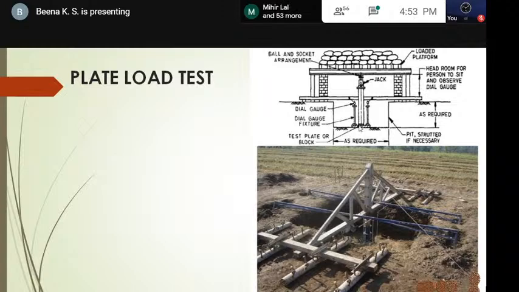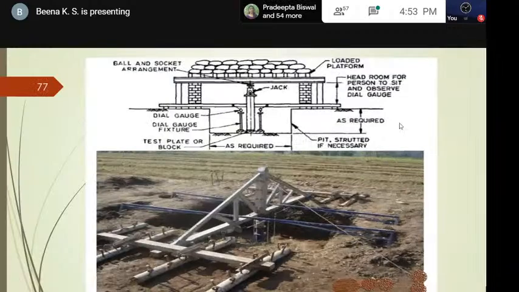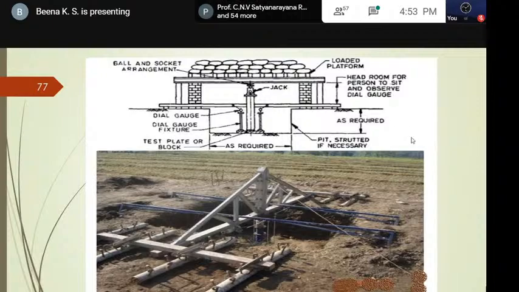Normally, a steel plate made of very stiff, rigid plate is placed on the top of a level surface, which is used to transfer the load to the soil under test. So the bottommost plate is in contact with the soil.